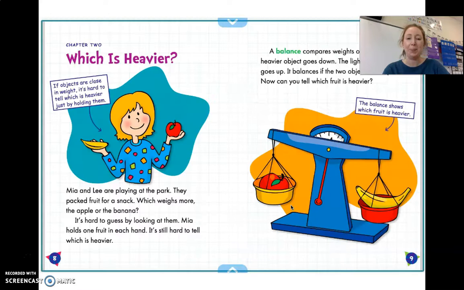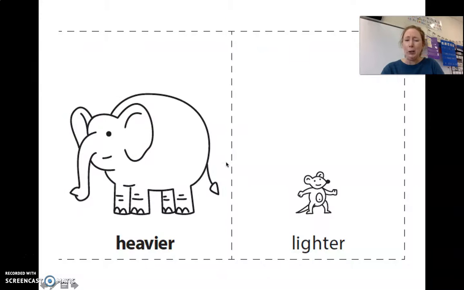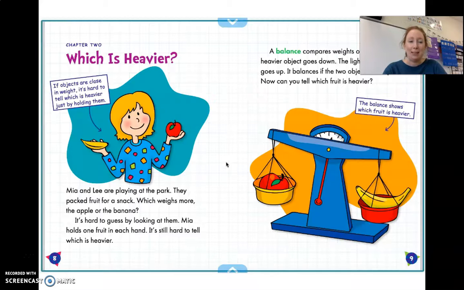Perfect. I have a story that illustrates for you how we use the balance, and then I have a real balance here that we're going to use to compare two different objects. So here it says, which is heavier? I knew looking at these pictures and in my schema that an elephant is heavier than a mouse, but sometimes we're not quite so sure which object is heavier, and that's when we can use a balance.